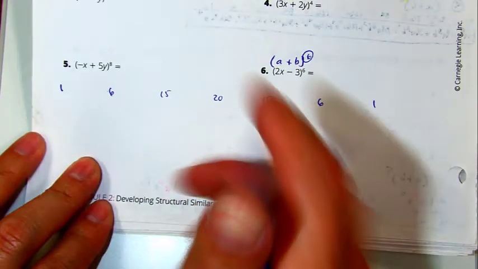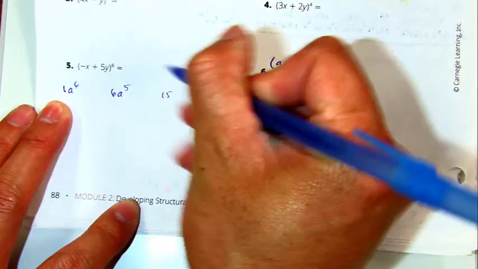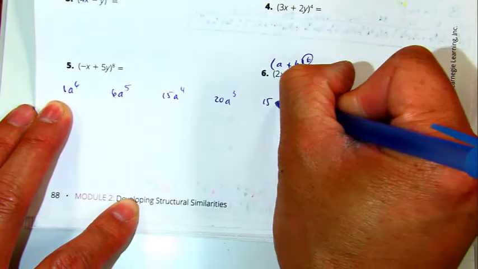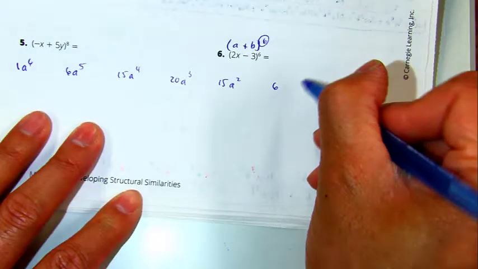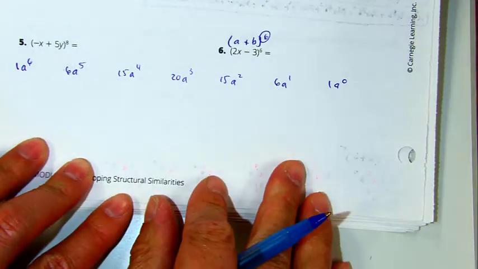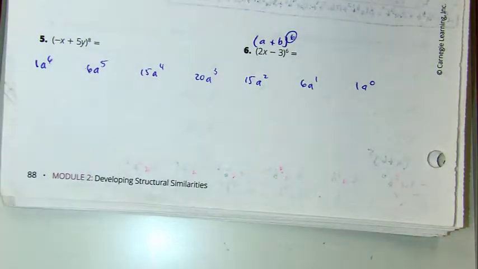Francis, go ahead and do the a values. Good job. Rogelio, b values?